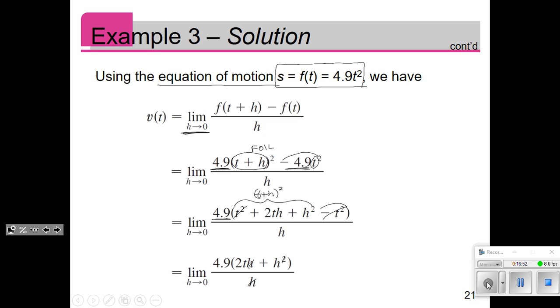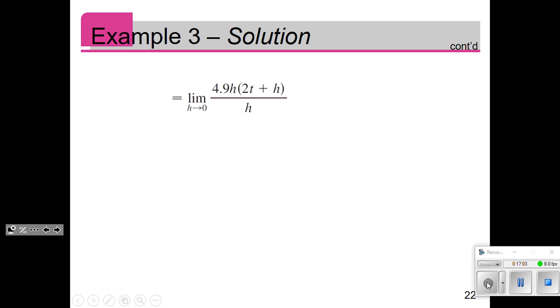Oh, actually, they factored the h out first. So notice they're going to take this and pull out an h and pull it out front. So they're going to factor an h out here. Then they're going to cancel this h. Okay. So now that's what we're left with.